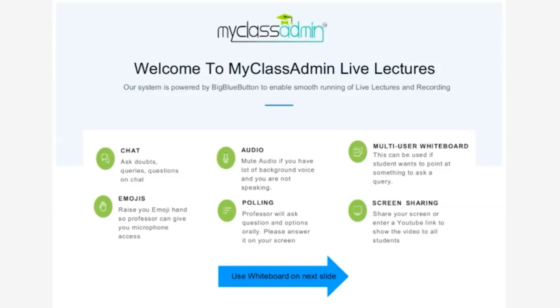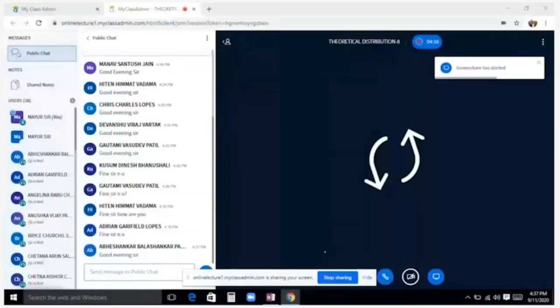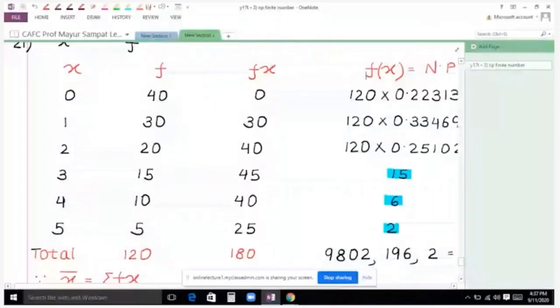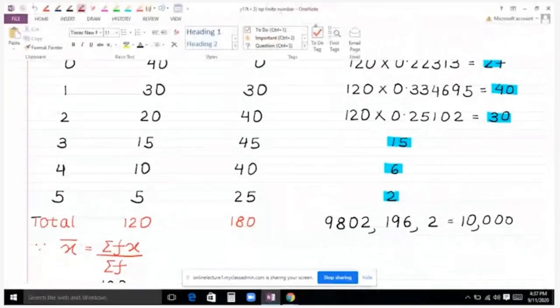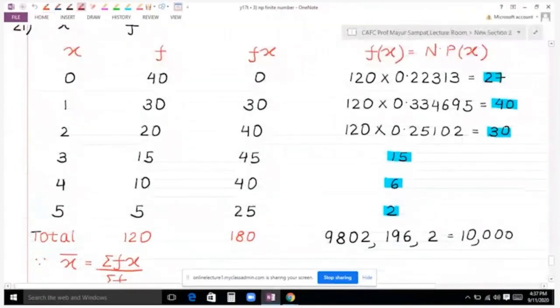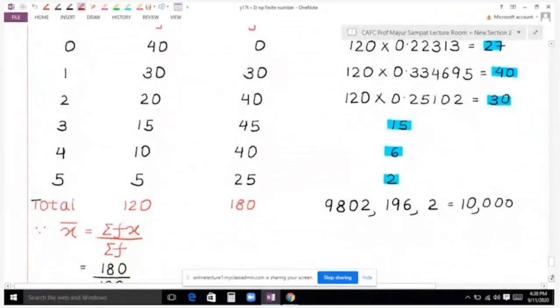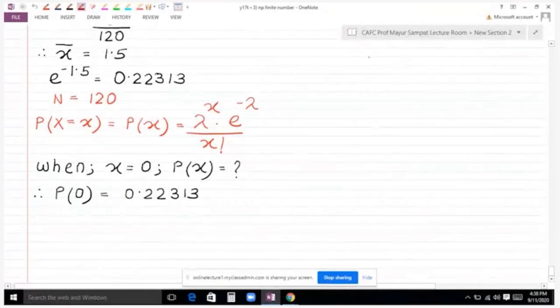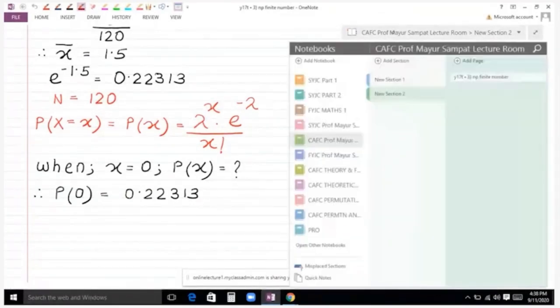Now, in order to complete the Poisson distribution group, only one last term is left, which is called the mode of a Poisson distribution group.